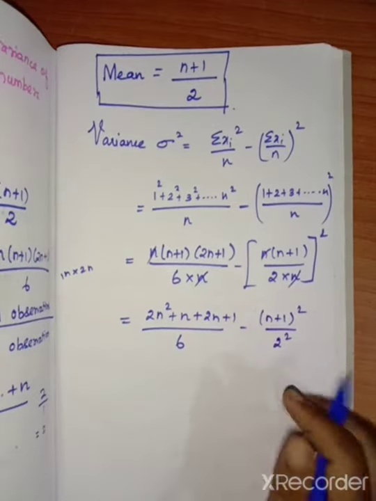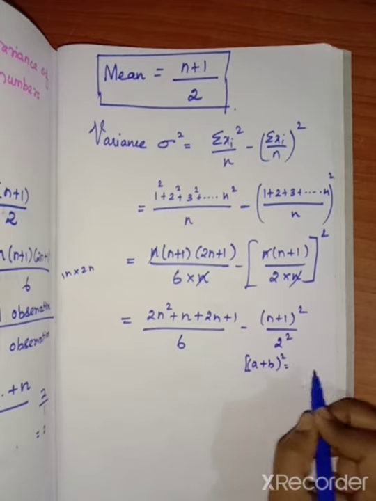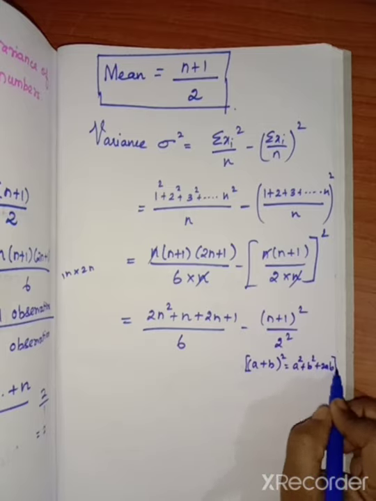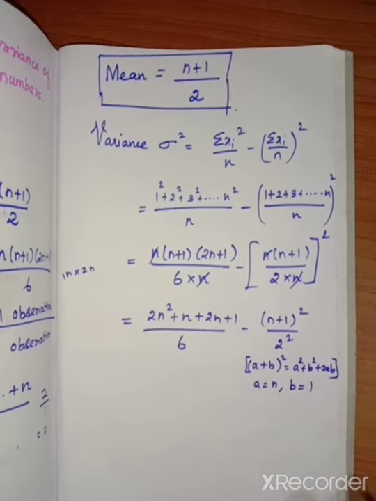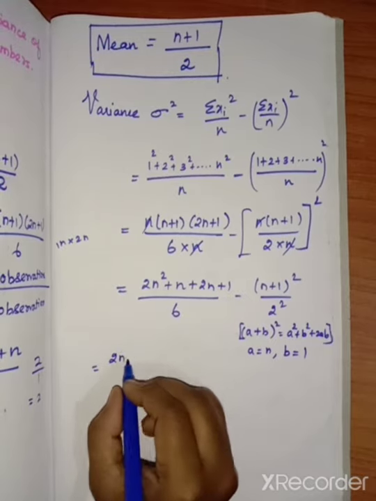Now we can use the formula a plus b the whole squared, that means a squared plus b squared plus 2ab. Here in place of a we substitute n, and b equal to 1. Then we can substitute here 2n squared.